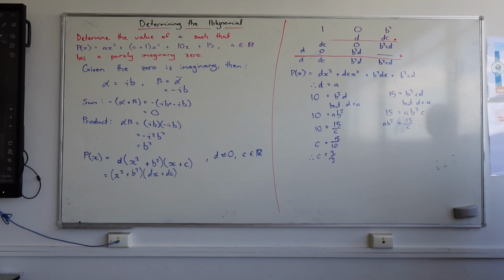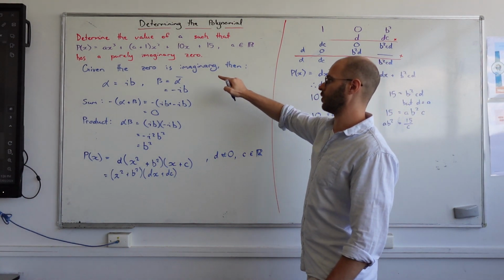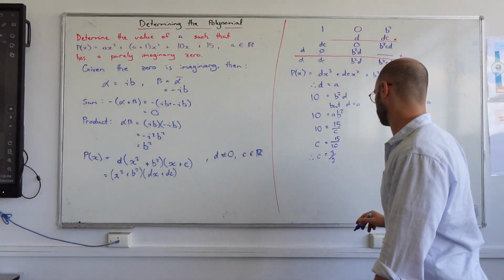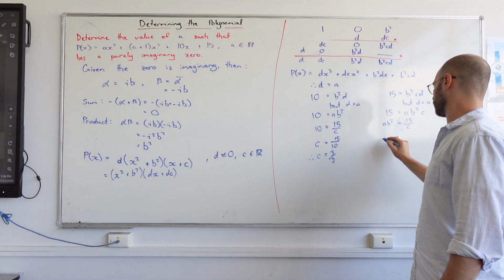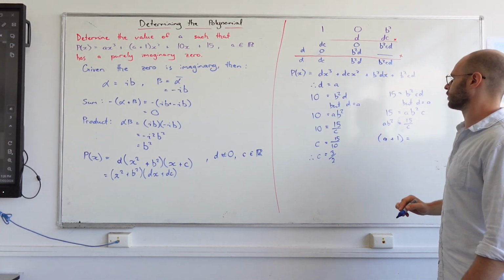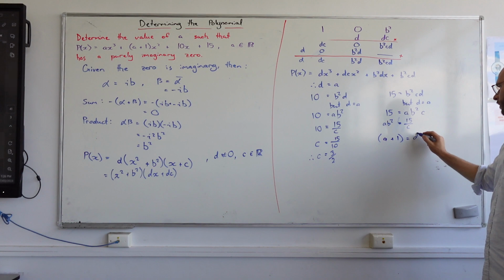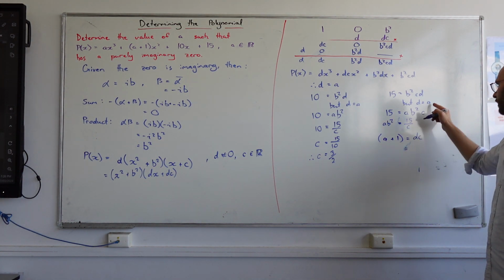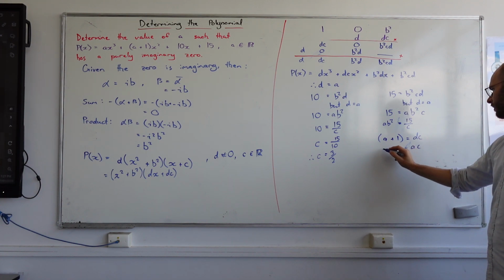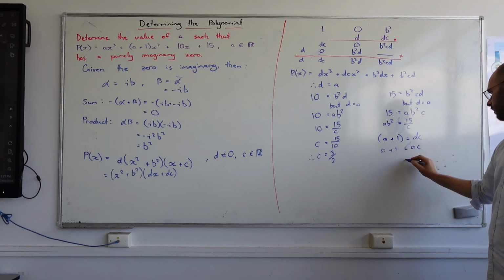Okay, and then we need to use this to form the final equation, a plus 1. So just go over here, dc. We know that d is a, so it's ac, equals a plus 1.